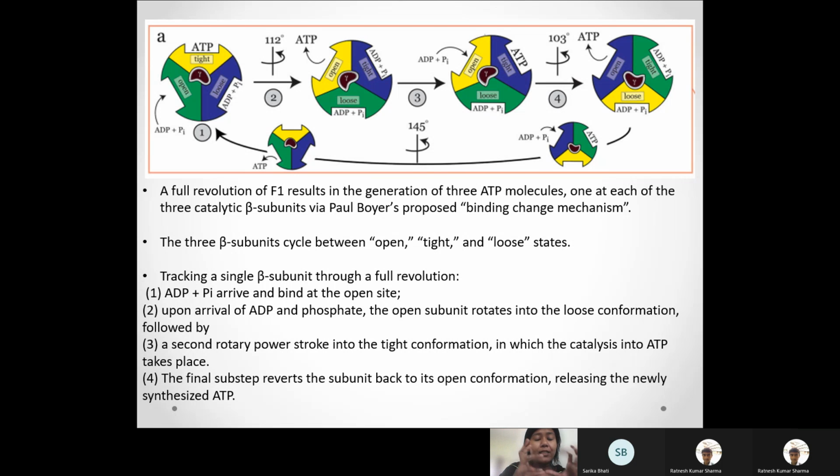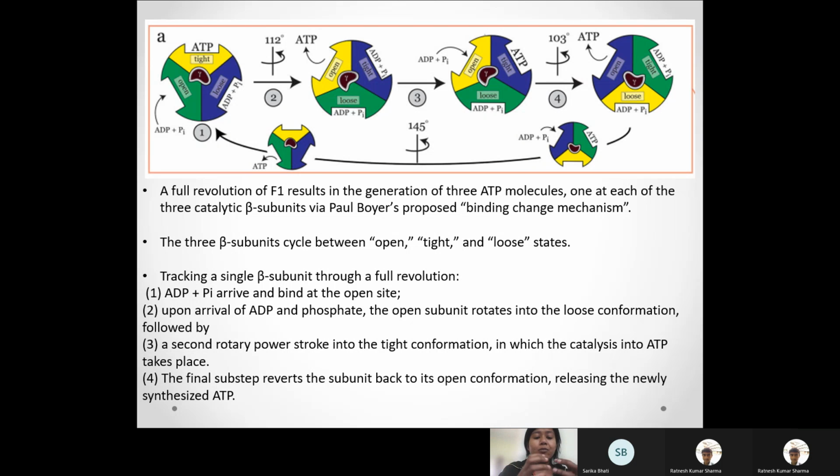And then once the ATP is formed, the ATP has to be released from this catalytic site. So there must be another change of this site that causes the formation of the open state, where the ATP is released. So his model proposes three states: a loose state, a tight state, and an open state. An open state is when ATP can be released.